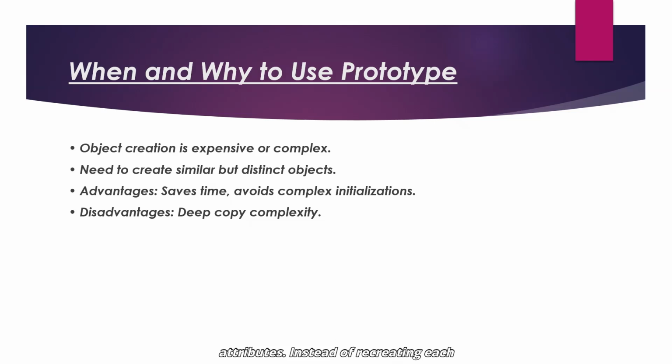Instead of recreating each enemy from scratch, you can clone an existing one and adjust only the differences. The prototype pattern saves time, avoids repetitive initialization, and minimizes the overhead of creating identical objects over and over again. But remember, implementing deep copying for objects with complex states can sometimes add complexity. So it's important to evaluate whether this pattern is the right choice based on your system needs.